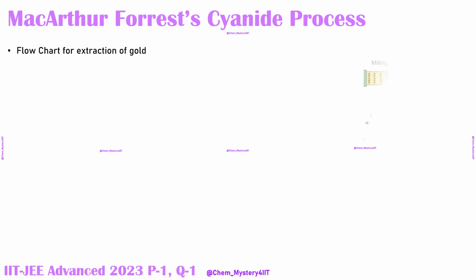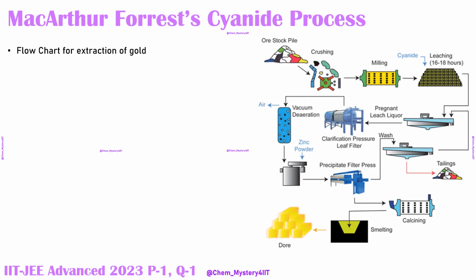So this is the flow chart for the extraction of gold, quite long. I'm not going into detail. You can just have a look at how the crushed ores can be used. Here is the cyanide leaching, which is the key step, and then subsequent steps ultimately give you the gold as a pure sample.